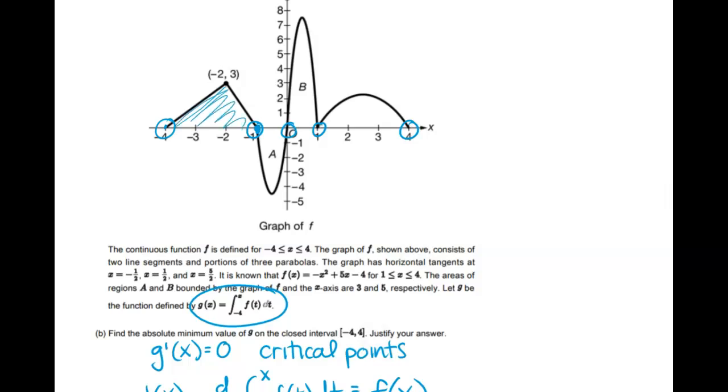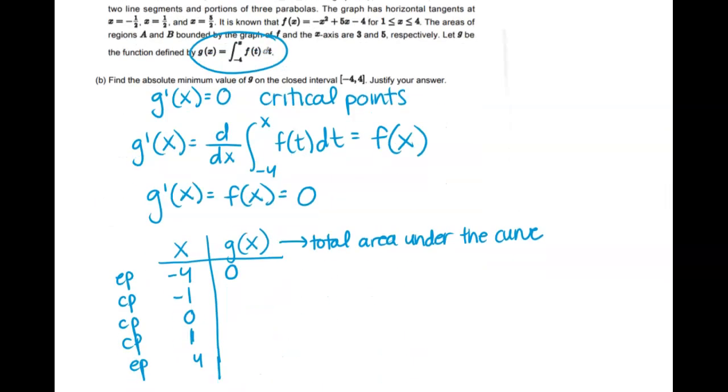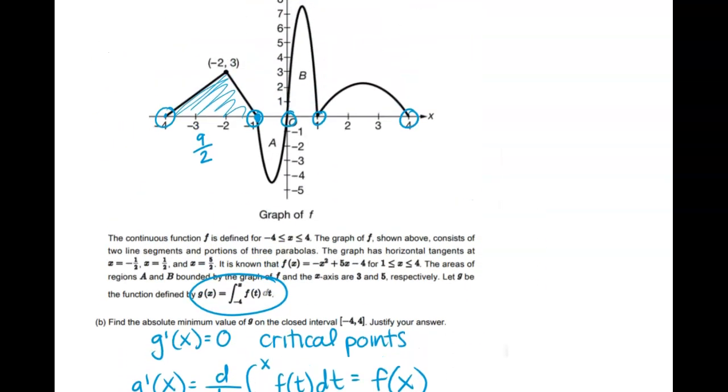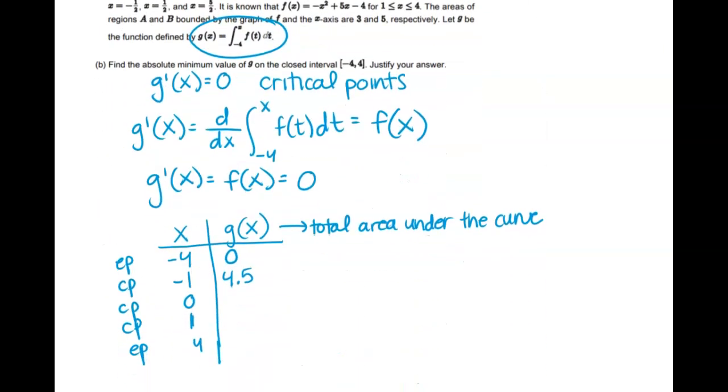And we already knew that was 9/2 from our work before. I'll make that 4.5 just because. At 0, we had our 9/2 minus 3. So 9/2 minus 3 was 3/2, or 1.5.